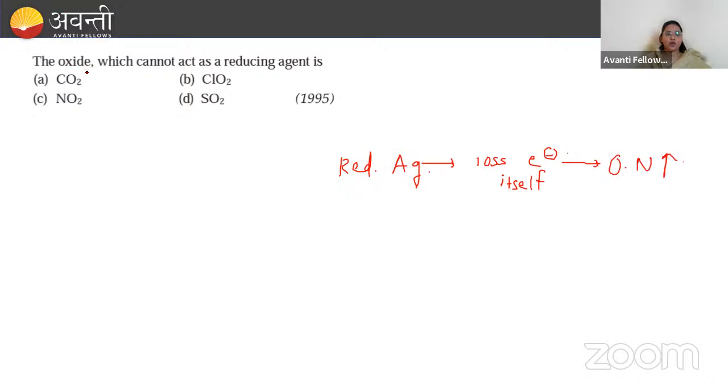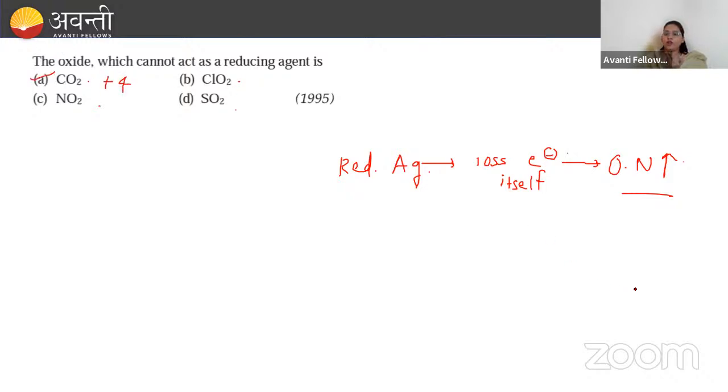So here we have CO2, ClO2, NO2 and SO2. We need to find out the oxidation number of each and every element. You will observe that the element which is already in its highest oxidation state will not behave as a reducing agent. Carbon in CO2 is already in its highest oxidation state, which is +4.